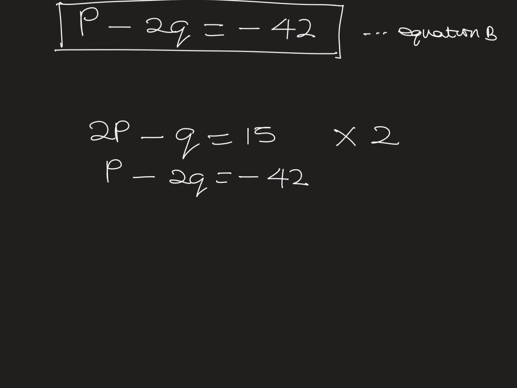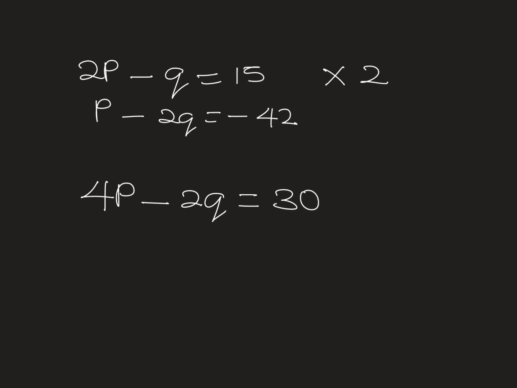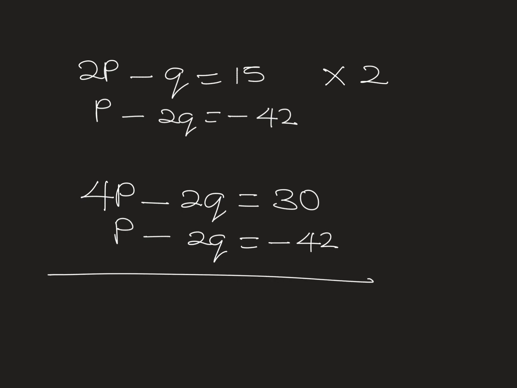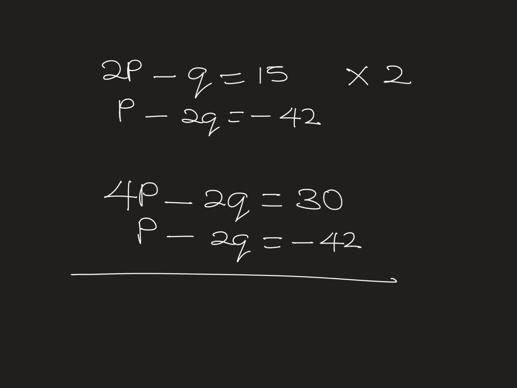So if I multiply equation A by 2, 2p times 2 will be 4p, minus q times 2 will be 2q, is equal to 15 times 2 is 30. For the second equation we're going to maintain that as p minus 2q is equal to minus 42. So what sign do I have to use in order to make this 0? I have to use a negative sign so that I can cancel this.